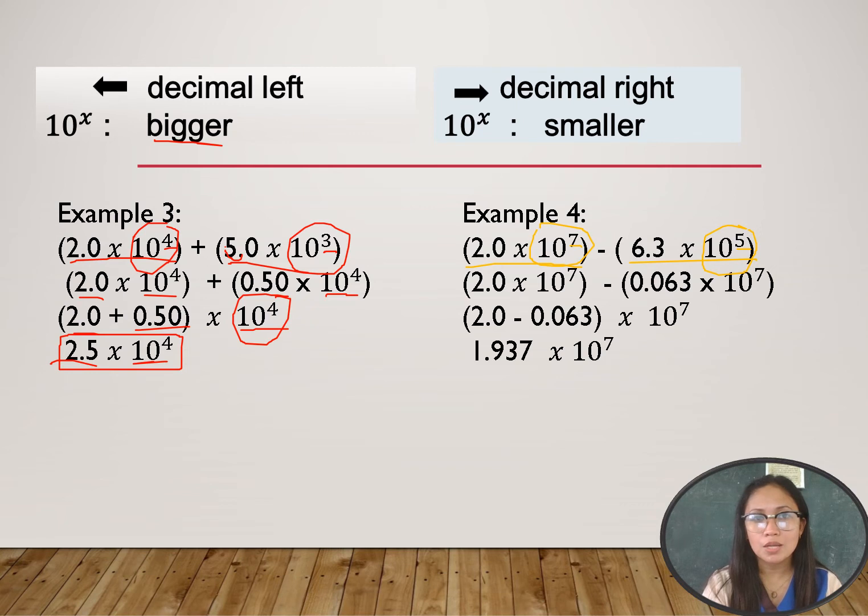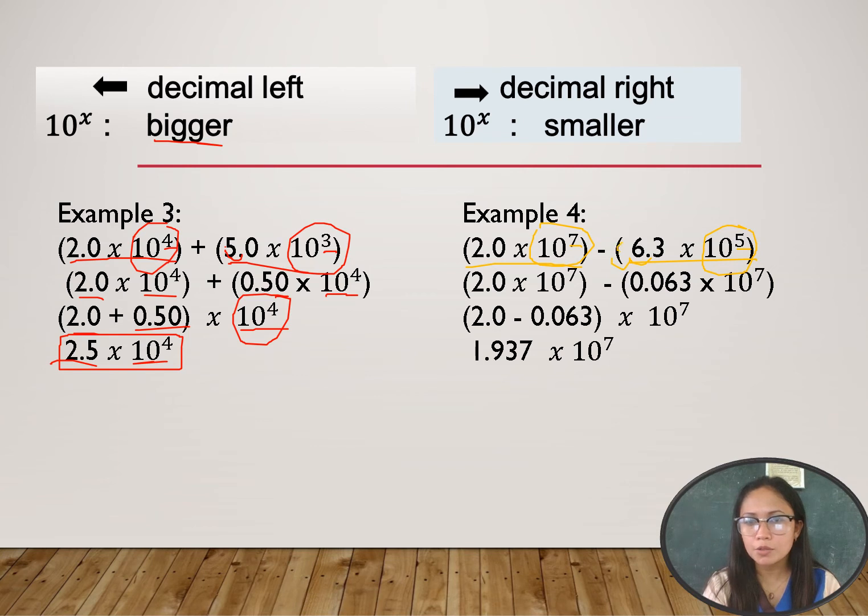Therefore, we need to move the decimal point to the left. And how many places? What do we need to add to 5 to get 7? So 2 places. So we have 5 plus 2 equals 7. So we need to move this decimal point twice. We have 1 and 2.